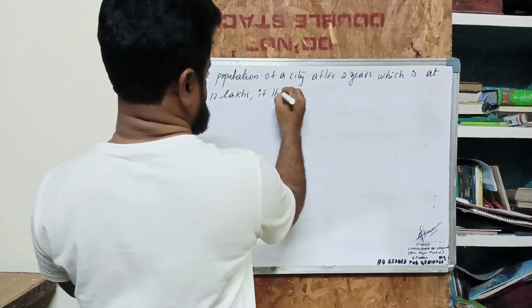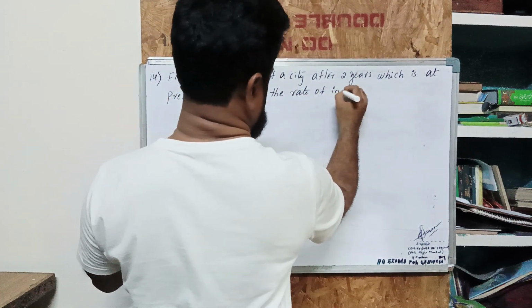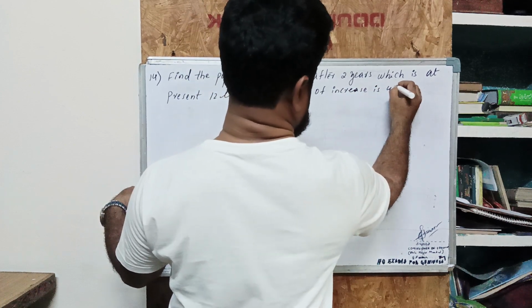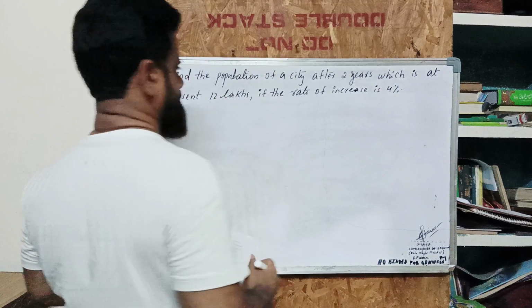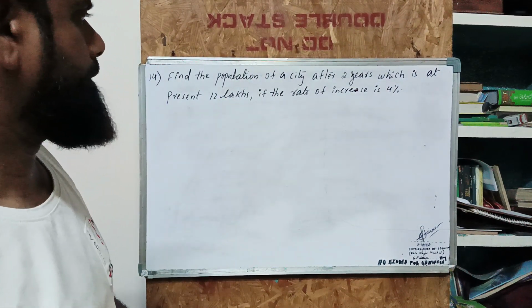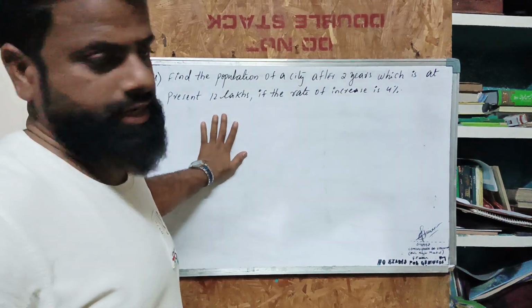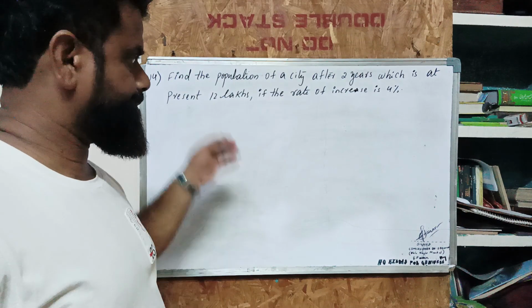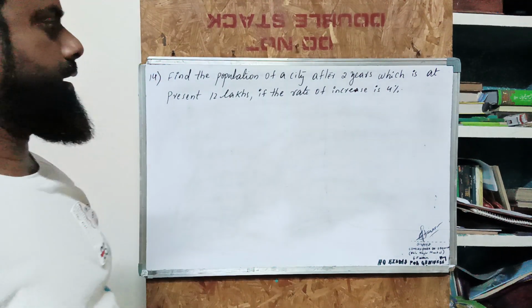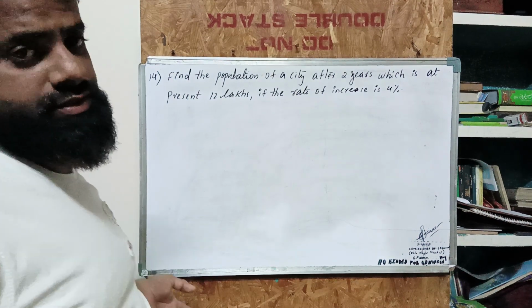Now here is a city which has a present population of 12 lakhs, and we need to find the population after 2 years, and the rate of increase in population is 4%.